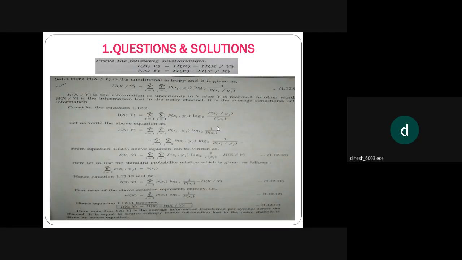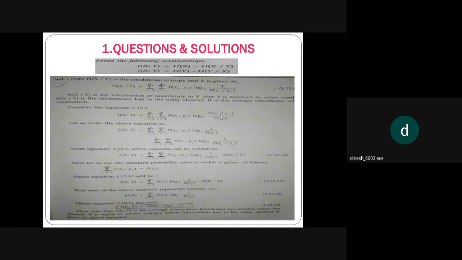So this equation 1.12.2 we had seen in the last class, which is mutual information. So let us write this above equation in this form also.